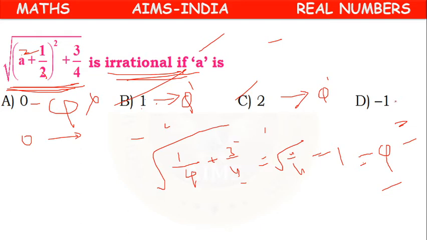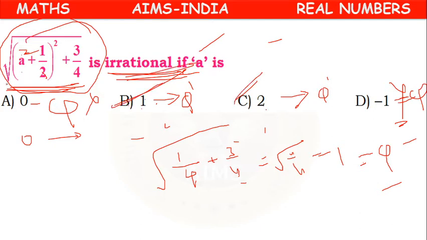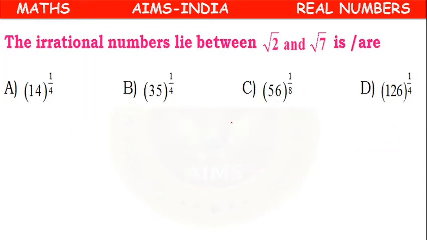So D is not the answer, when we keep minus 1, we are getting a rational number. Wrong option. So the given expression will become irrational when we keep 1 or 2 in the place of A. So B and C are the correct answers.